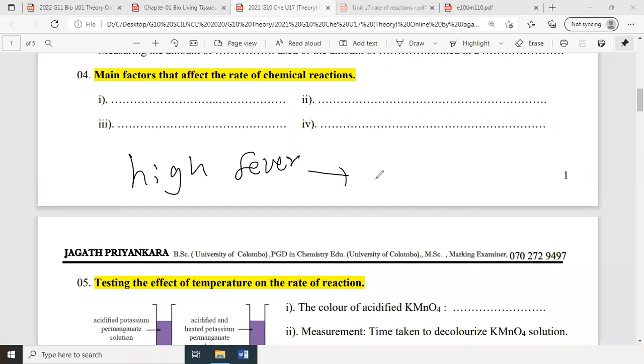You don't take pork, beef and all heavy meals, fried rice, when you have high fever, because of your enzyme action. When the temperature increases in your body, the enzyme activity is reduced. Then you can't digest the food that you eat easily. It is difficult to digest food, and your body temperature can further increase. So therefore you have to take a light diet.